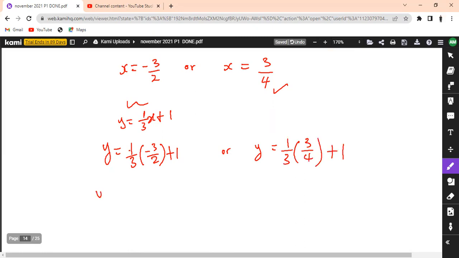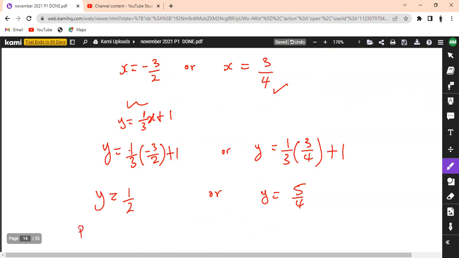So the first one, if you substitute minus 3 over 2, y is going to give us 1 over 2, or in this case, from 3 over 4, we are going to obtain 5 over 4.